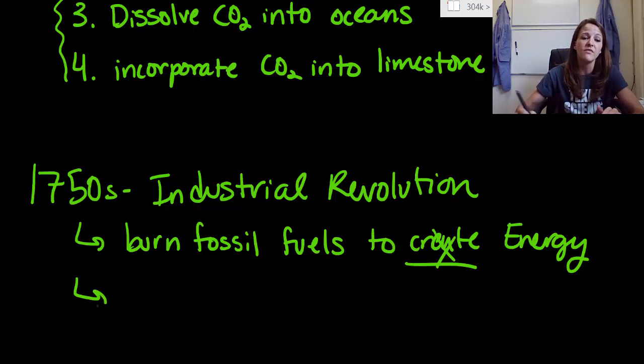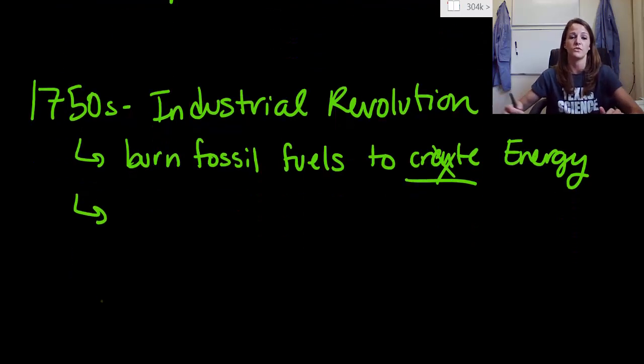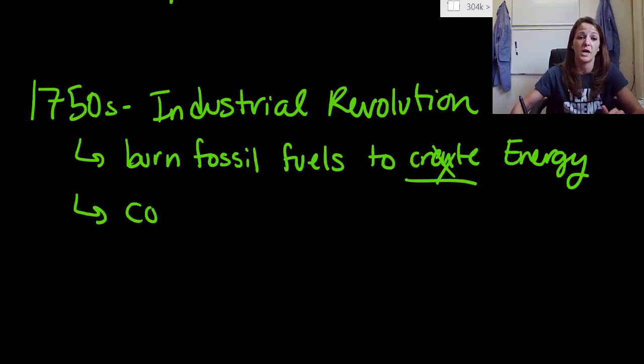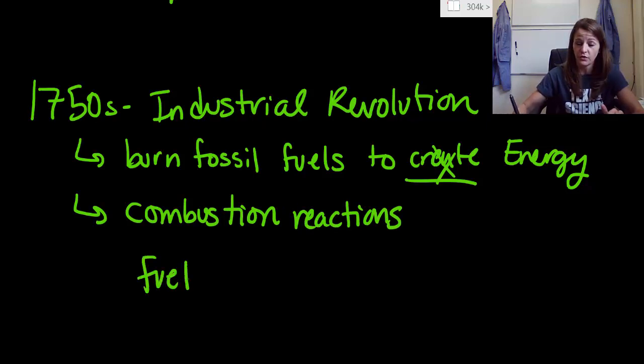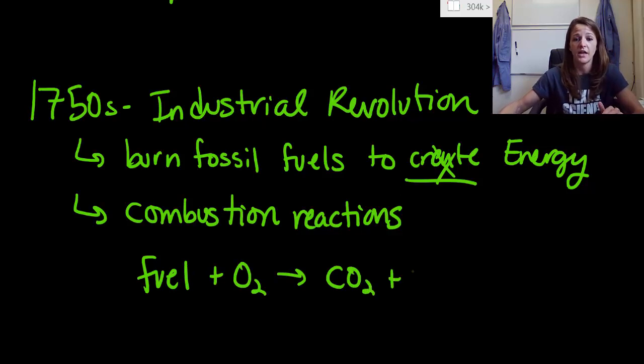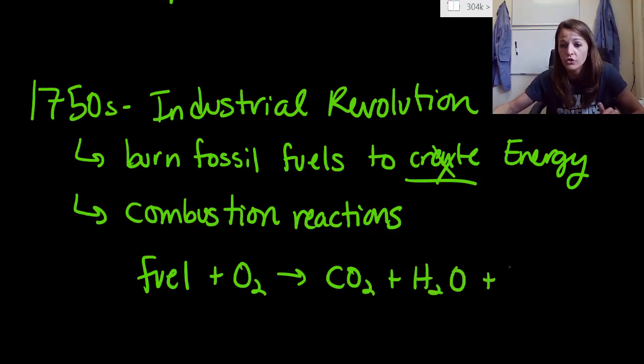But specifically, when we're talking about burning fossil fuels, we would say this is called a combustion reaction. So we started performing a number of combustion reactions. Just to review what that is, you take some source of fuel, you treat it with oxygen, and you create carbon dioxide and water, and you also create heat.